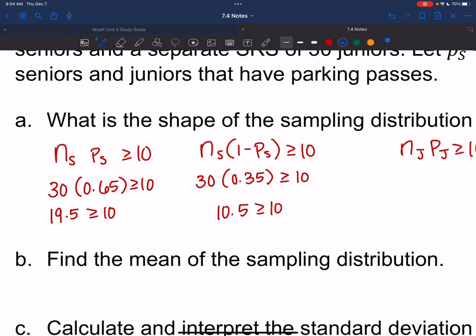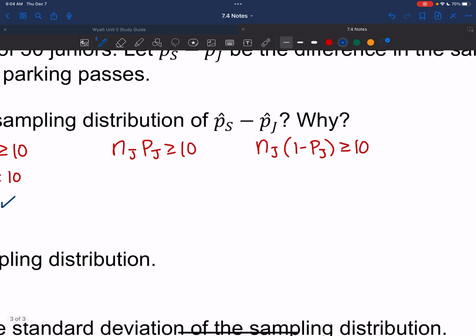So that works. And then for the juniors, I'm going to have 30 times 0.42, and that'll give me 12.6. So that's greater than or equal to 10.